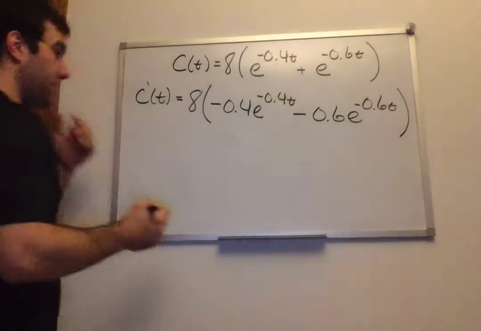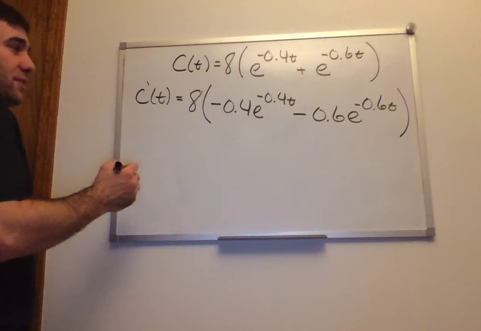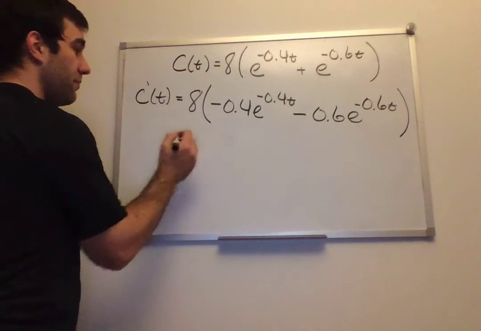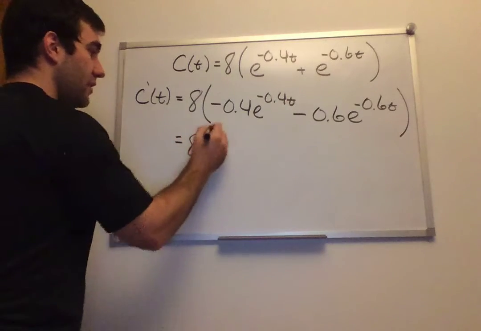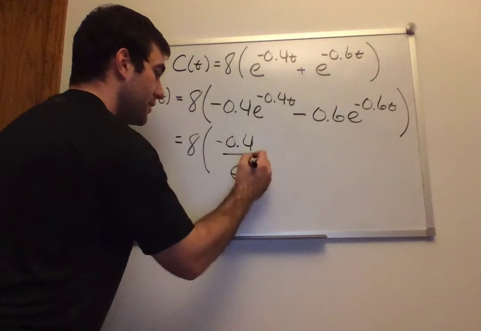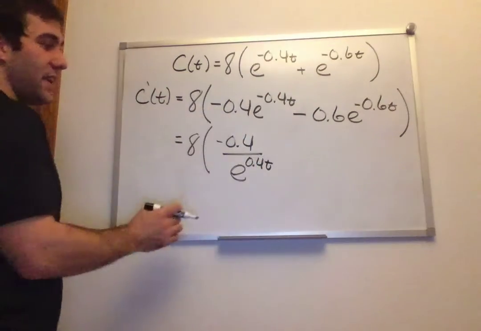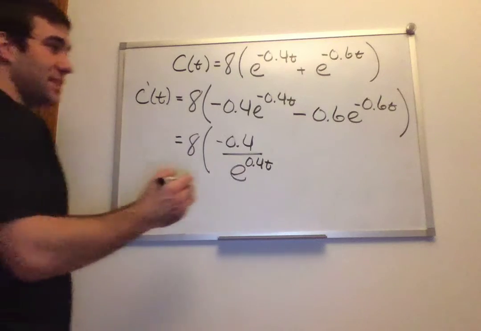Close my parentheses. Now I'm going to do a little bit of simplification here. Equals 8 times negative 0.4 over e to the 0.4 t. All I did was rewrite the negative exponent as a positive exponent.